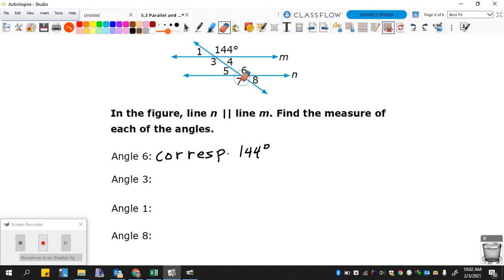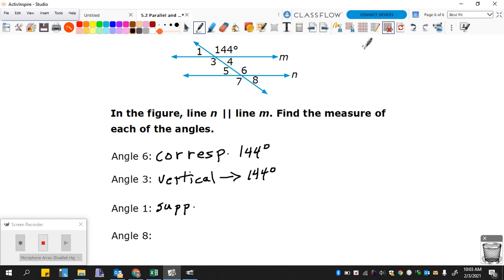All right. Angle 3 is the vertical angle to 144. So that means it's congruent as well. So it's 144 degrees. Angle 1 is supplementary, which means they add up to 180.